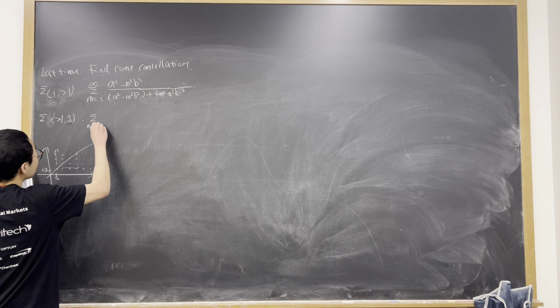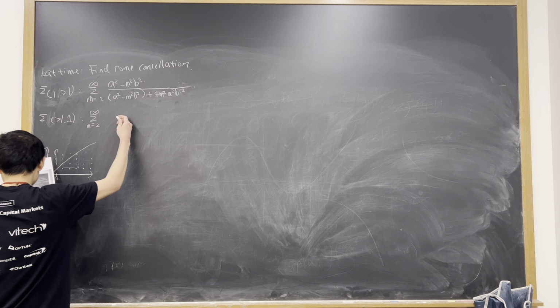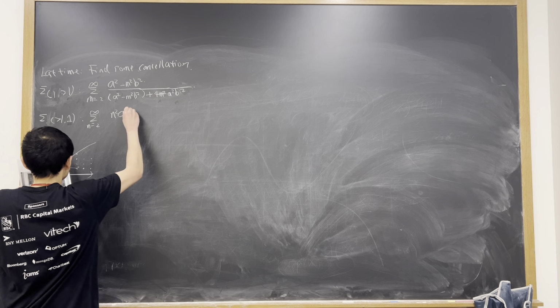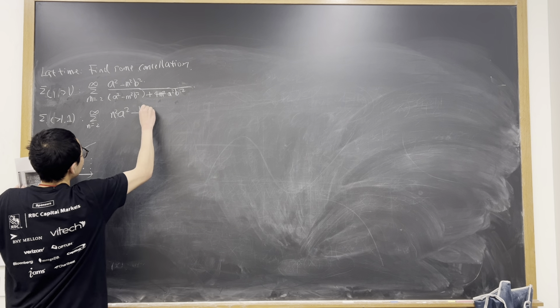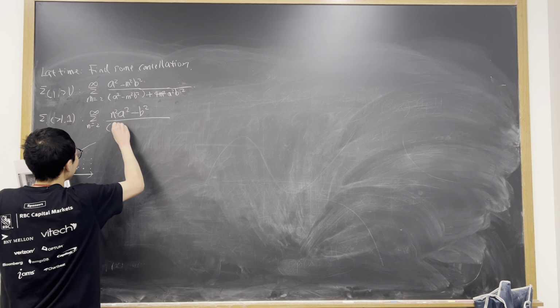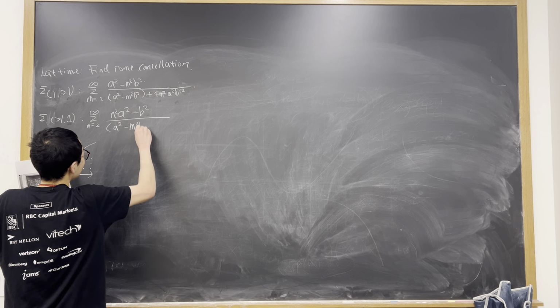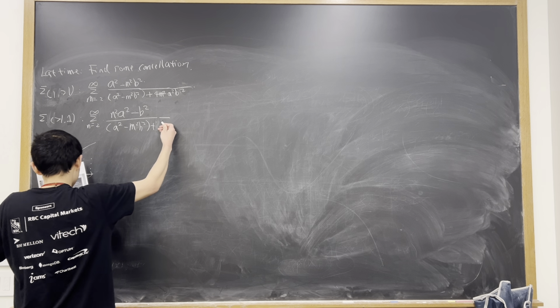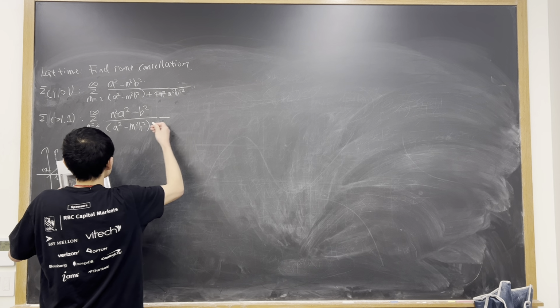And then n from 2 to infinity of n squared a squared minus b squared over a squared minus m squared b squared plus 4, sorry, this is wrong.